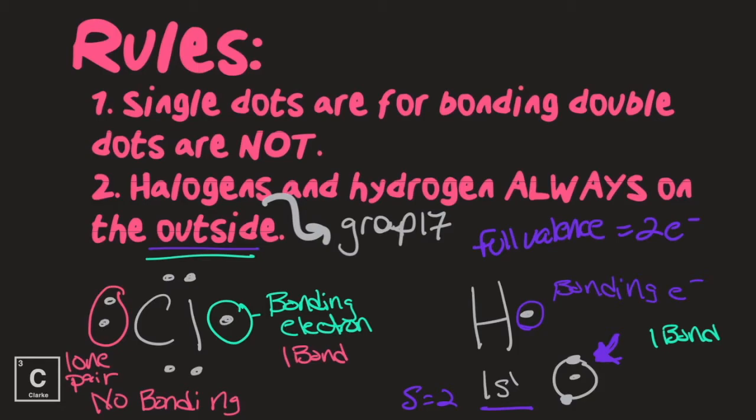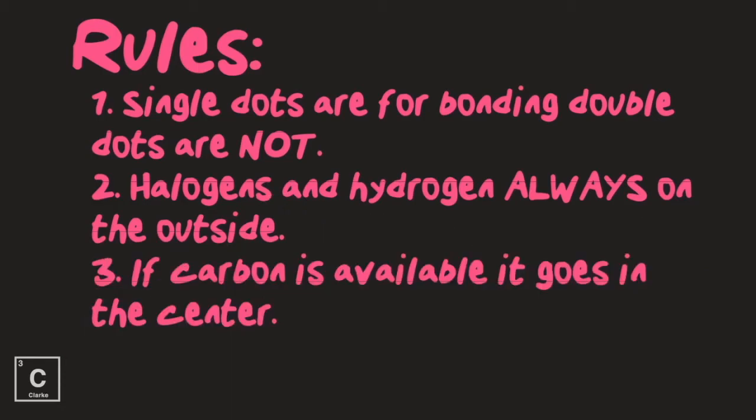Let's look at rule 3. If carbon is available, so the compound that you're drawing the electron dot structure for, if carbon is there, carbon has to be in the center. Let's look at rule 2 and 3 together real quick. If we were going to draw the structure for CH4, all nonmetals, carbon is there.